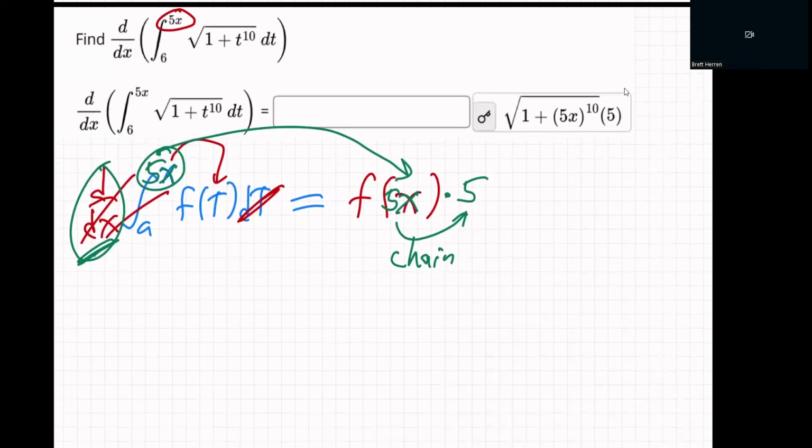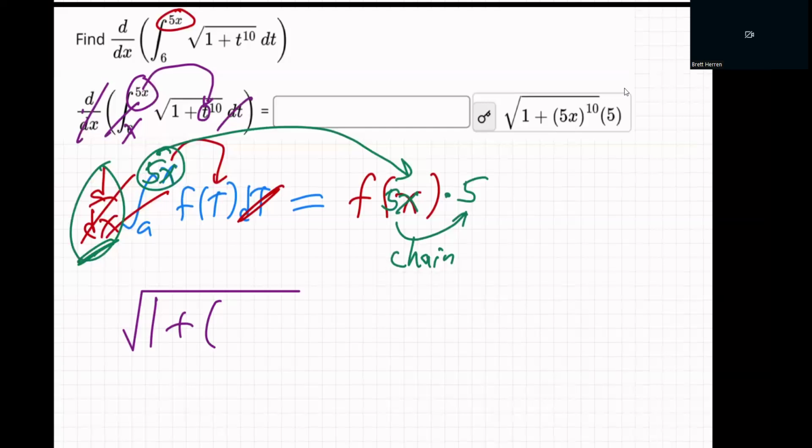So we're going to go, okay, here we go. We don't care about that part at all. Take that 5x, right? This derivative cancels this integral, this dt is part of it, and just plug into the t right there. The root's still there, all the rest of that stuff's still there. 1 plus, but then instead of t to the 10th, it becomes 5x to the 10th, right?